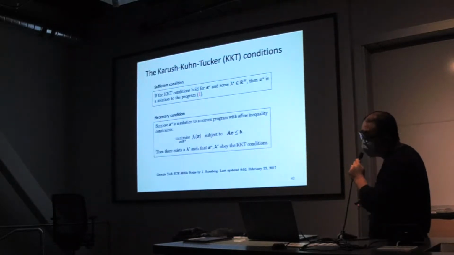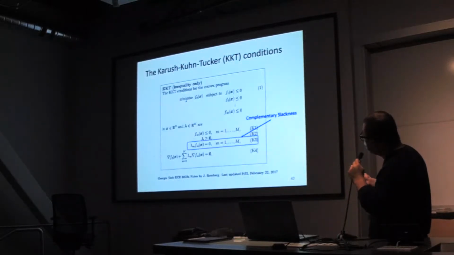A good conclusion, which is called a sufficient condition, meaning that the x and lambda will be the solution to this constrained optimization problem. In other words, if we can find a pair of x and lambda which satisfy this set of conditions, we can conclude x is the solution of the corresponding constrained convex optimization problem.